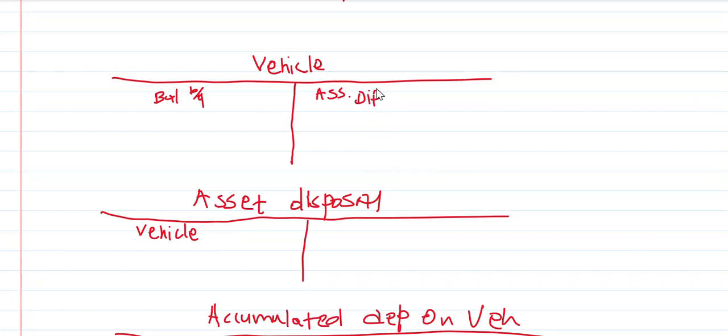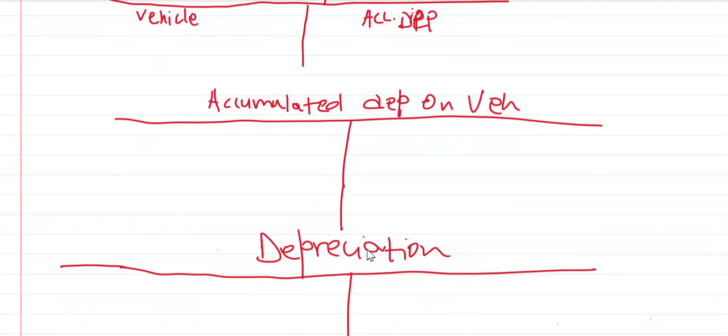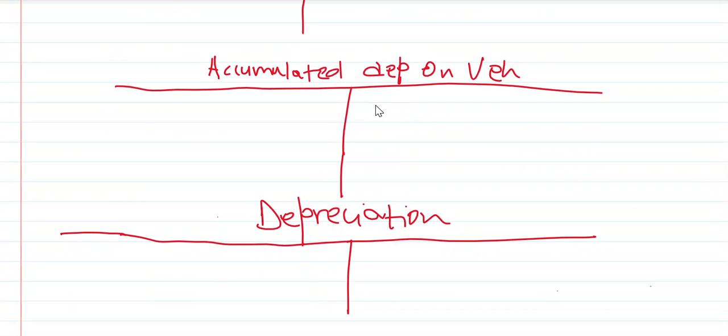Gonna have here accumulated depreciation. Then when you go down, we have this accumulated here.